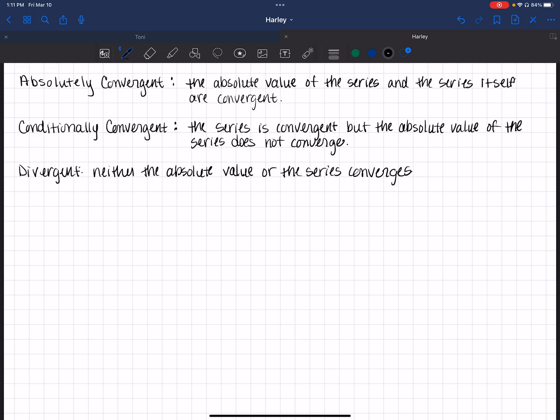Okay, and here's an easier way to look at that, because it gets a little confusing with absolutely and conditionally. If the summation of the absolute value of the series is convergent, so we start off testing the absolute value of the series, if it's actually convergent, then the series itself will be convergent, and we say absolutely convergent.